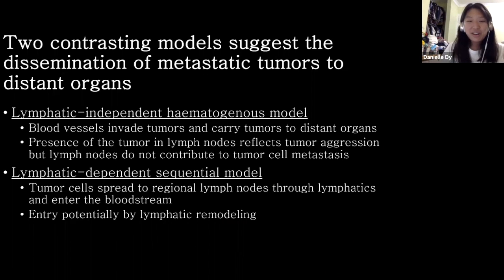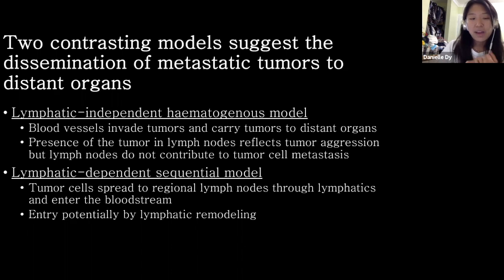We're going to start off by talking about two contrasting models which suggest the dissemination of metastatic tumors to distant organs. This is the debate of is it blood? Is it lymph? What's more important? Obviously lymph isn't as widely studied. The first model talks about cancer metastasis occurring independent of the lymphatic system.